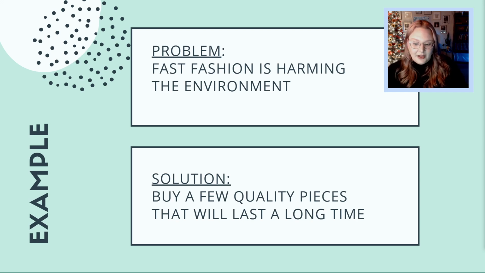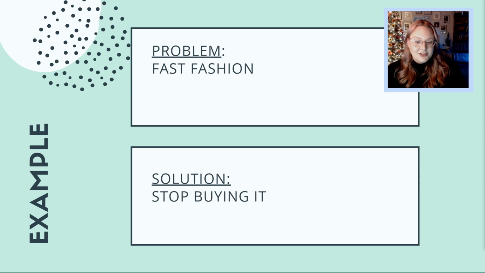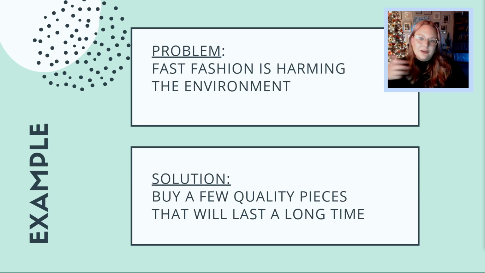So I've gone from just fast fashion, stop buying it, to something a little bit more fully fleshed out and developed with some more nuance. And we ended with fast fashion is harming the environment, so you should buy a few quality pieces of clothing that will last you a long time. So again, we're going from simple ideas and then asking ourselves questions to get a little bit more specific, refine it, and develop it a little bit more.